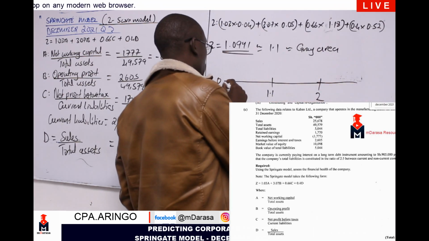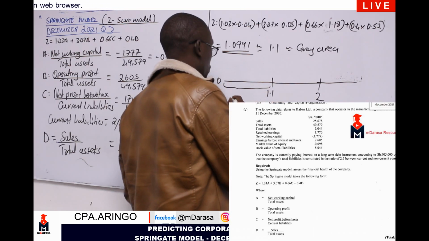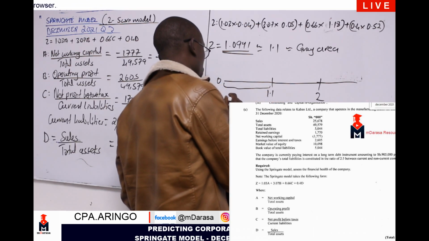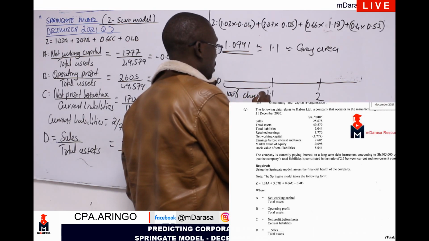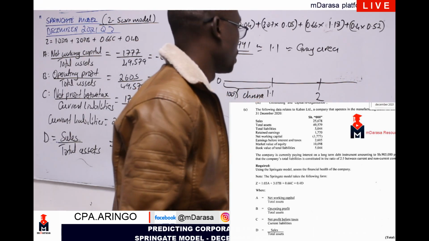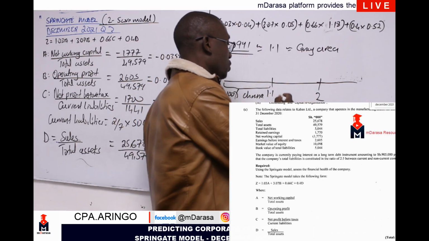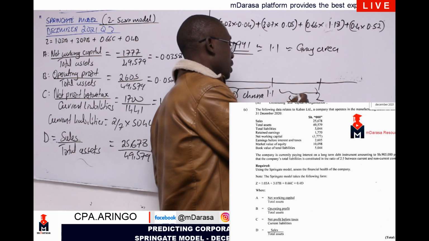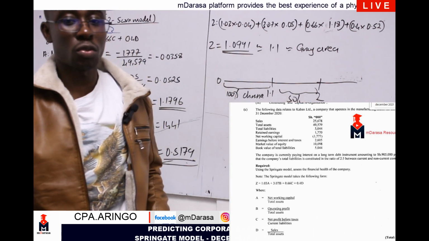Anything below 1.1 is 100% chance that the company will go to bankruptcy. But a score between 1.1 and 2 means there's a 50% chance that the company will go to bankruptcy.